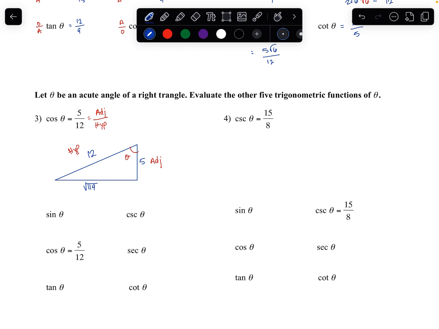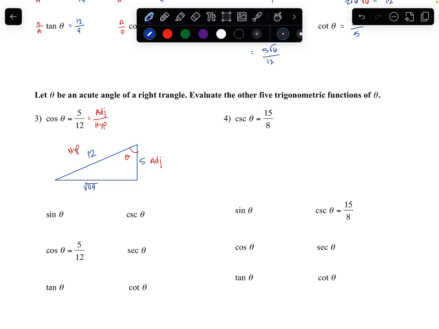Is it divisible by 9? Nope. 119 divisible by 49? 119 divisible by 64? I don't know. That's not okay. So I don't need to simplify that.